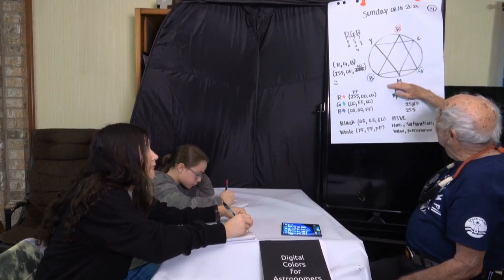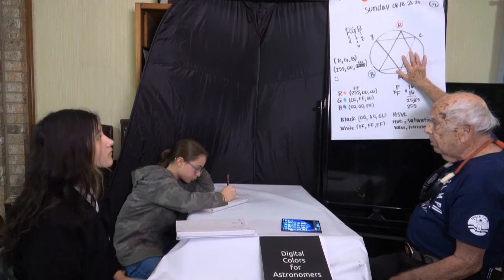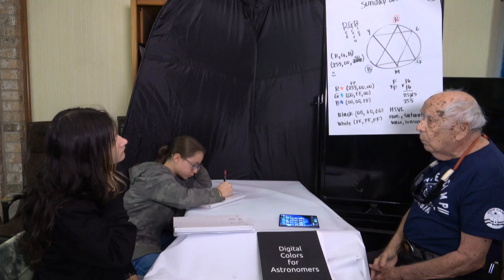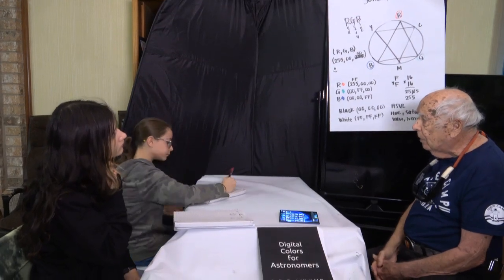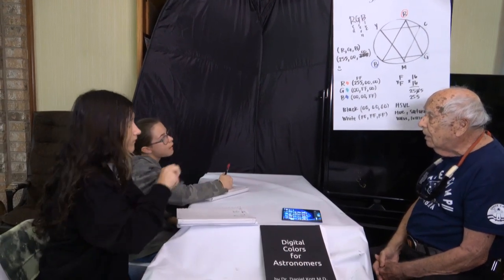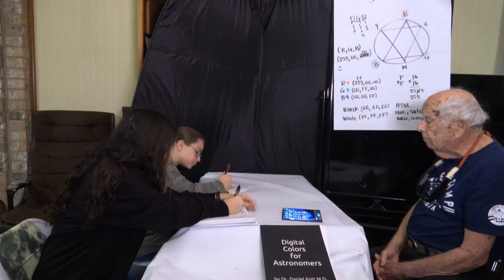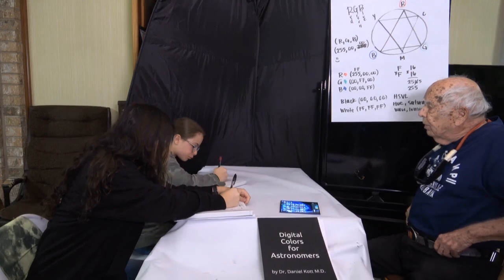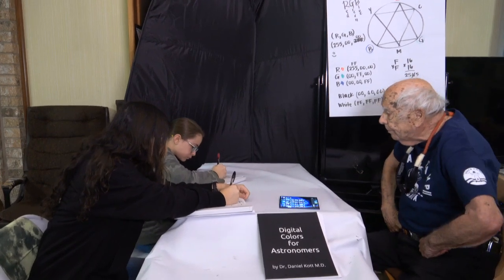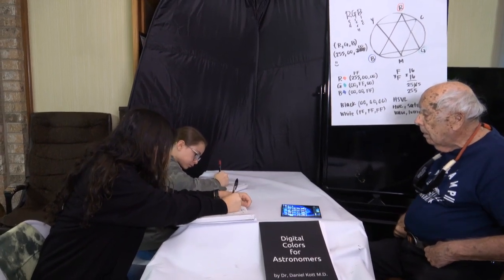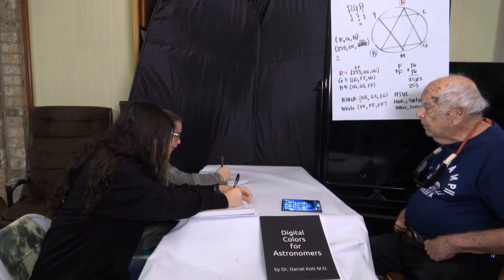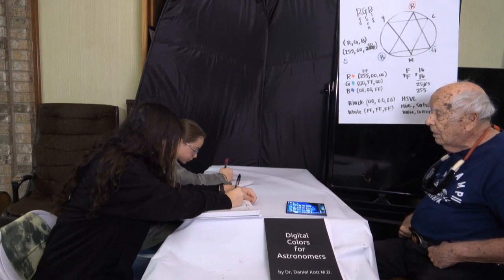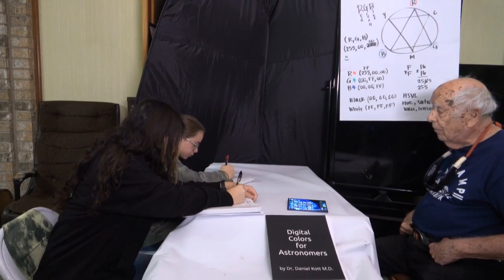So now let's go back here to the RGB system. White, all colors would be FF space FF space FF. If you put that in a digital system, that is 255, 255, 255.